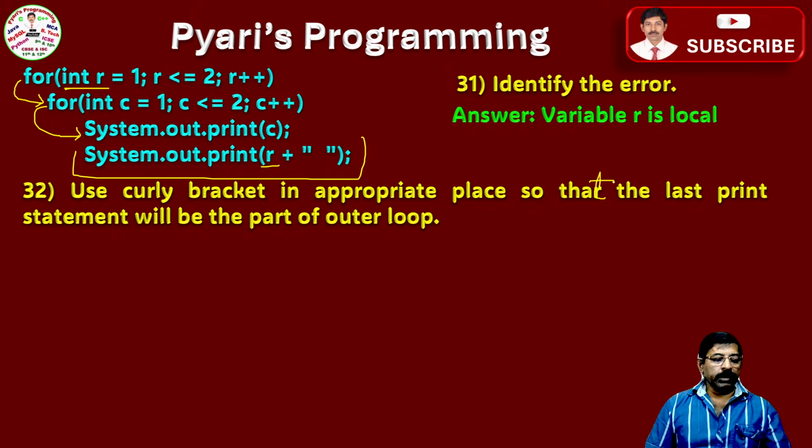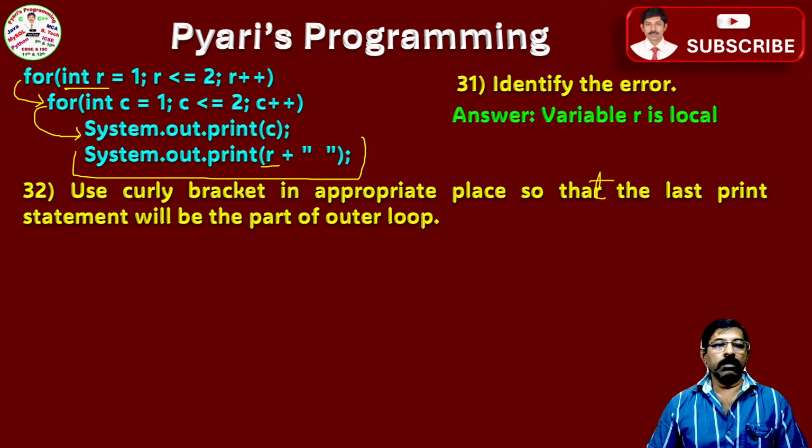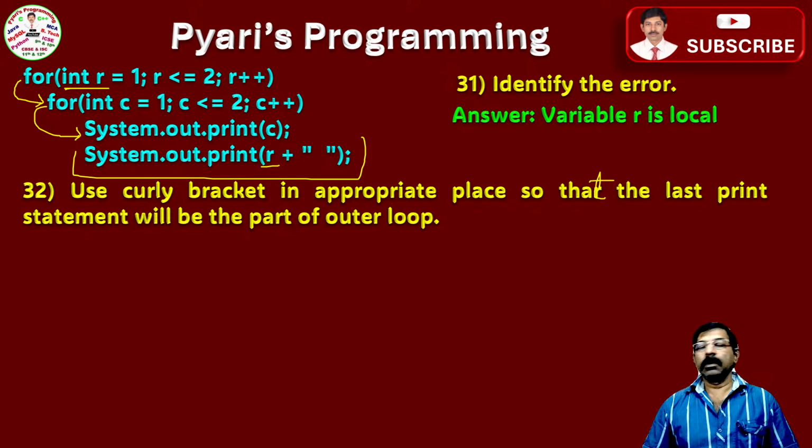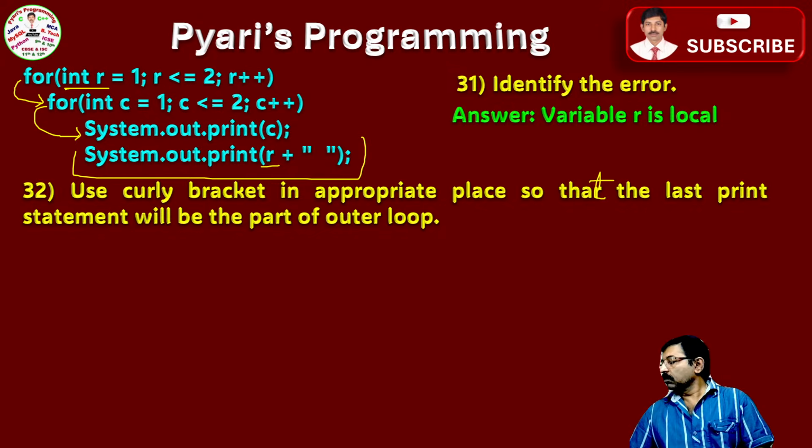Got the question number 32, what is it asking for? It is asking to use the curly bracket in appropriate place so that the last print statement will be a part of outer loop, not inner loop.